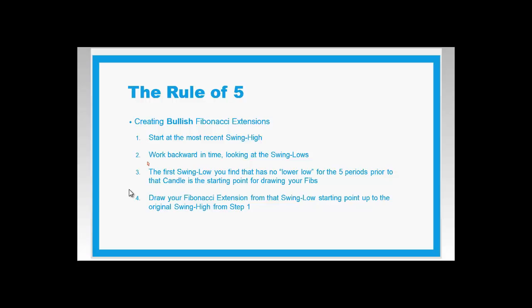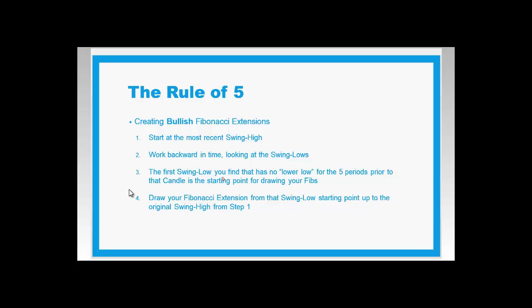Okay, so the rule of 5, basically you're always looking for a starting point. For a bullish extension, where our trend is bullish, we start with the most recent swing high. We work backward in time, looking at the swing lows.